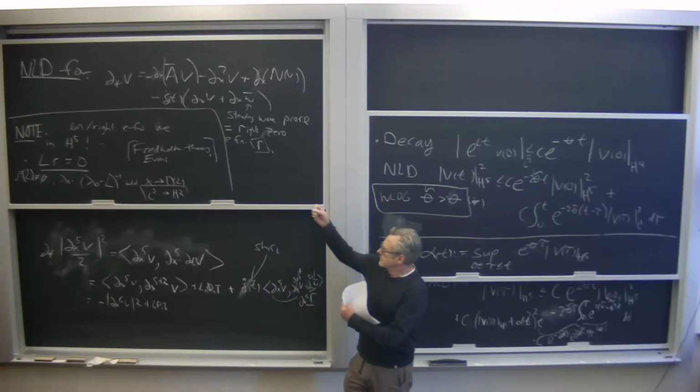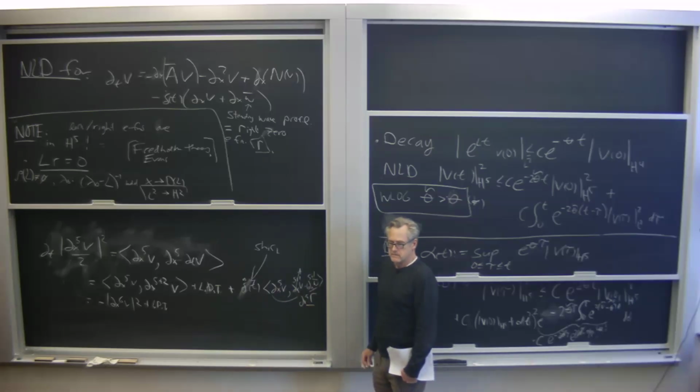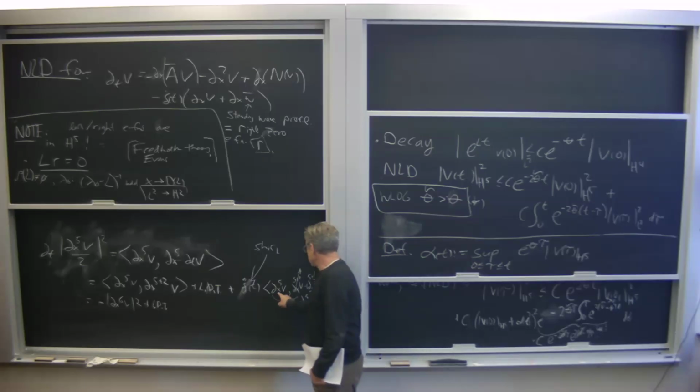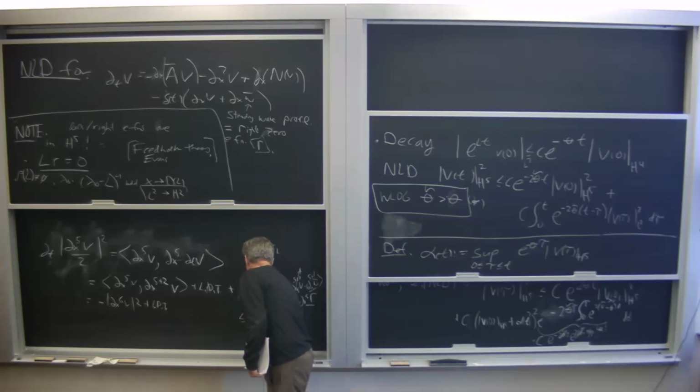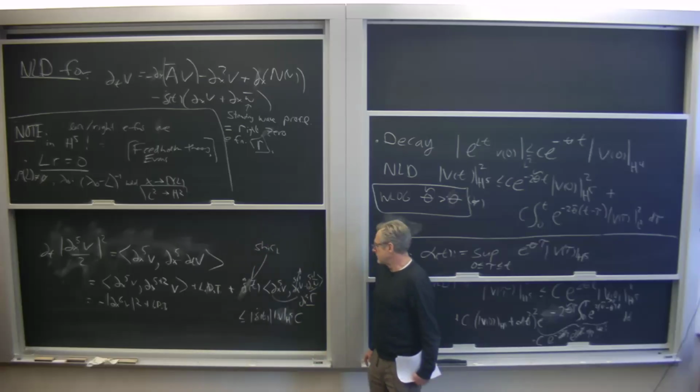I've just mentioned that that's in H5, it's bounded. So I can just bound this by Cauchy-Schwarz, so it's less than or equal to δ dot of t, times ∂x^5 v in H5 times a constant, whatever the H5 norm is here.